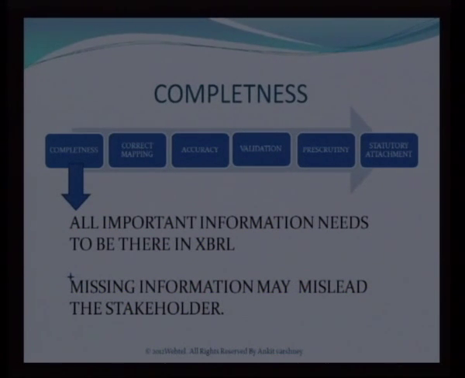Obviously, the entire idea of having XBRL implemented will go haywire. So we have to do the complete tagging, and all the important things which we have already provided in our annual report have to be tagged if a tag is available in the taxonomy. That is very, very important.